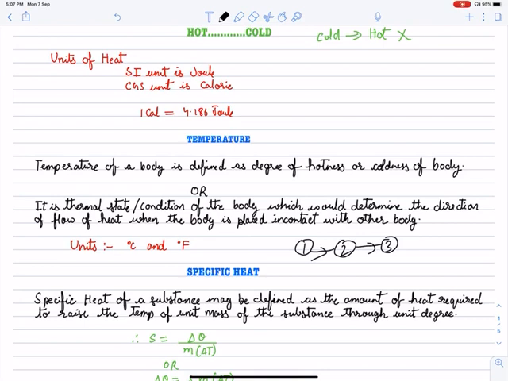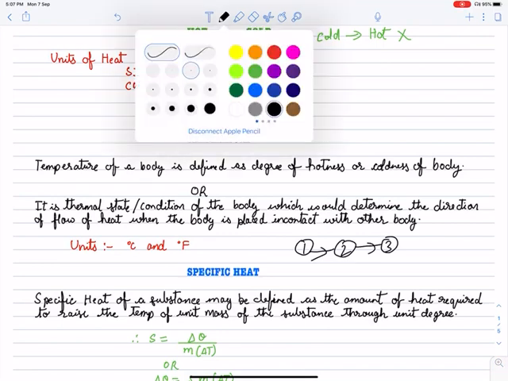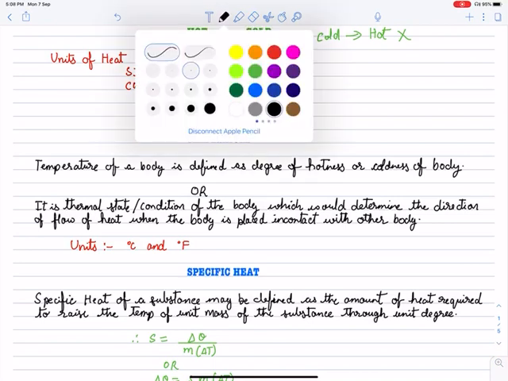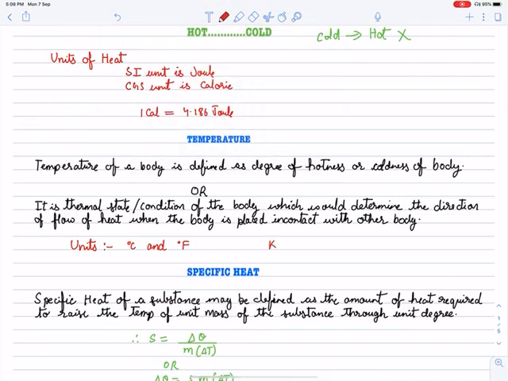It is measured in degree Celsius and degree Fahrenheit, and I forgot to write here, Kelvin. Kelvin is also used.